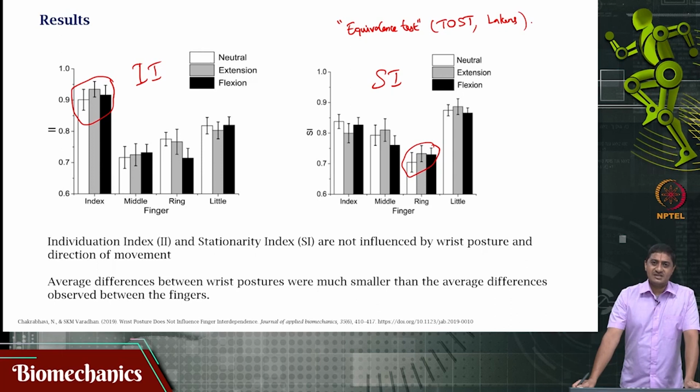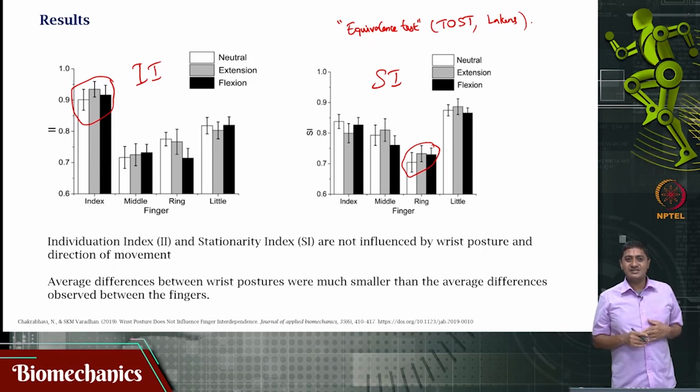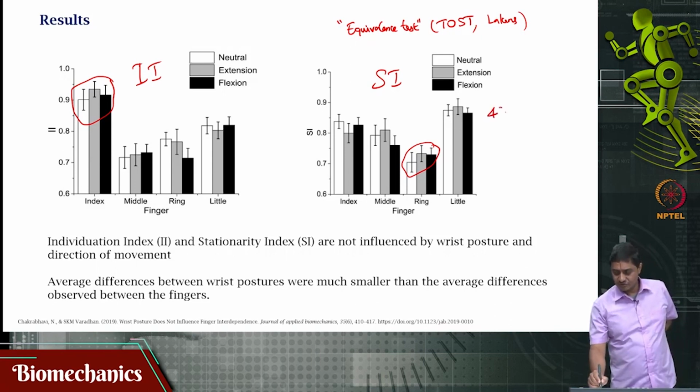We performed this test and we used the average difference between fingers, the enslavement difference between fingers, as the smallest effect size of interest. At least that much difference as observed between fingers should be seen between wrist postures. Let us say the average difference in enslavement between pairs of fingers. What are the various pairs that are possible? 4 choose 2, is it not? That is 6.